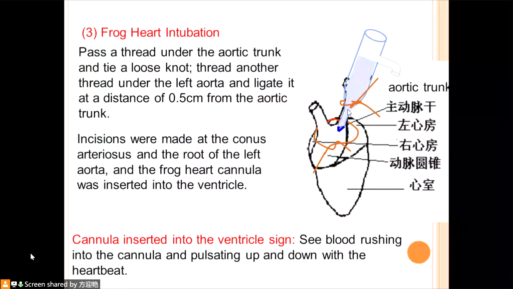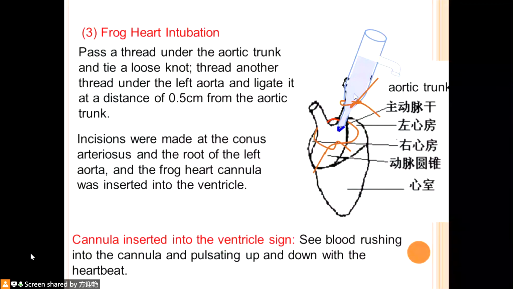We cut the aortic trunk, and then we insert the cannula. I hope you know that the cannula is filled with Ringer's solution. We can see that it is not empty, it is filled with Ringer's solution.